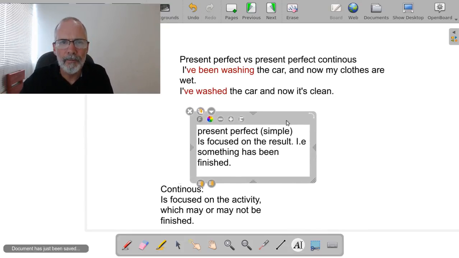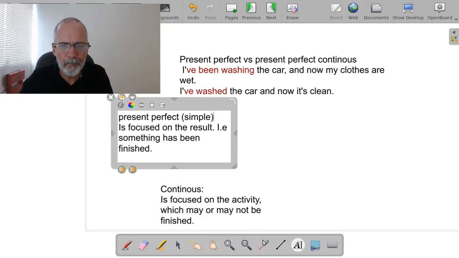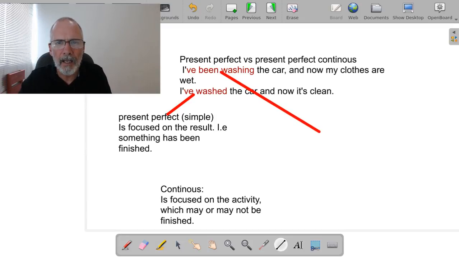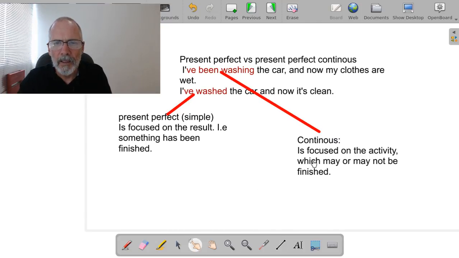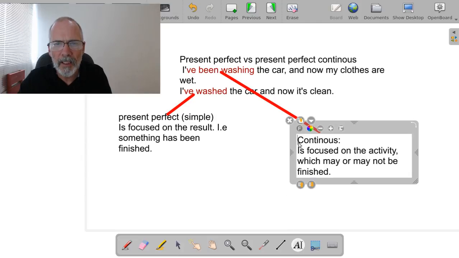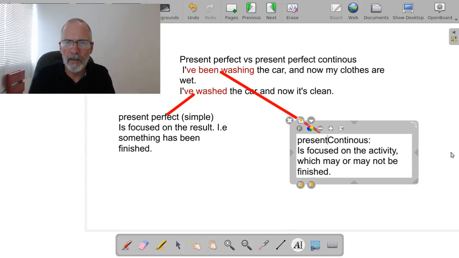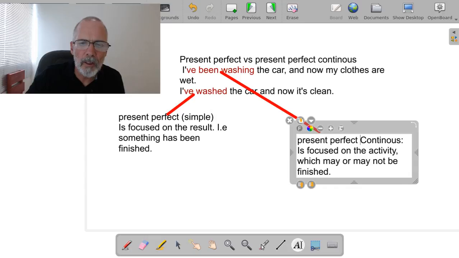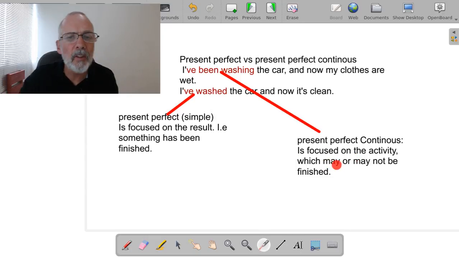This one here, the one at the bottom, is the present perfect simple. And this one here is the present perfect continuous. So the difference is that the first one, the present perfect continuous, is focused on the activity, which may or may not be finished.